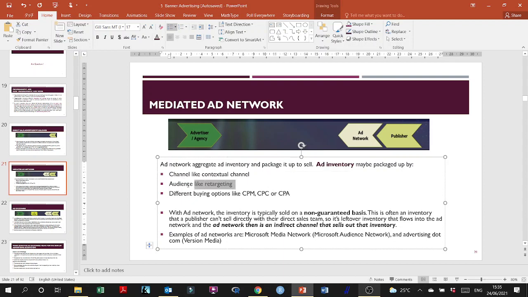So you can do retargeting, you can do contextual channels like native advertising or editorial ads, and so on.